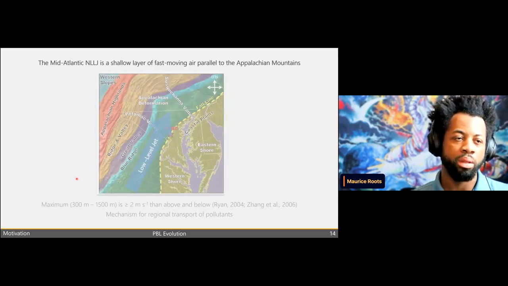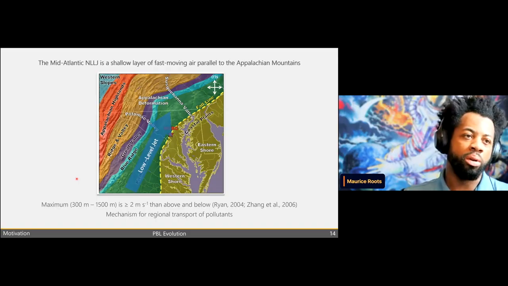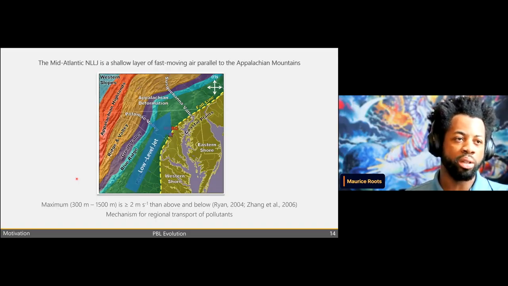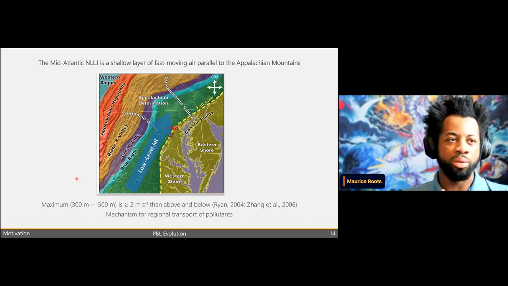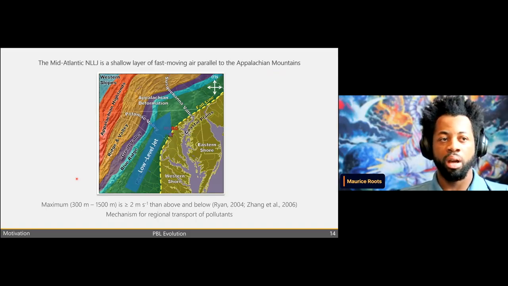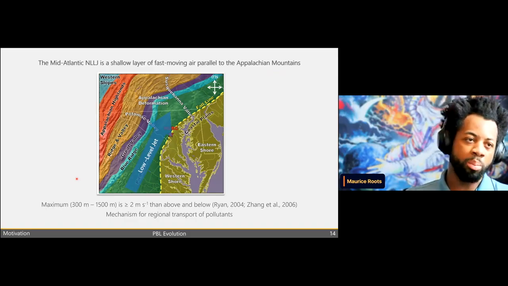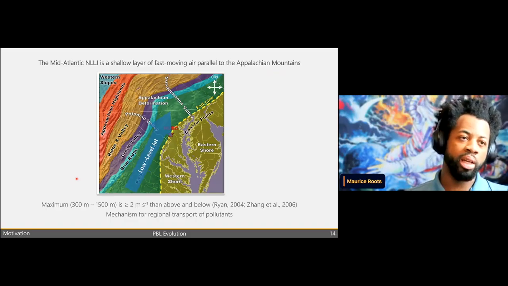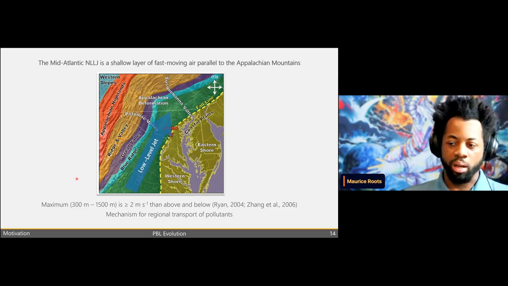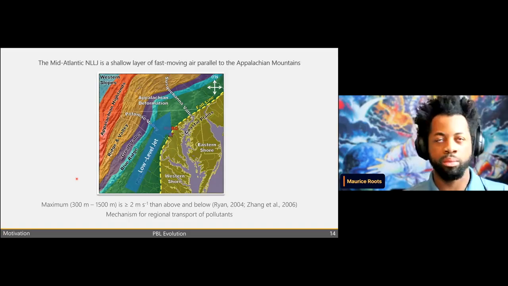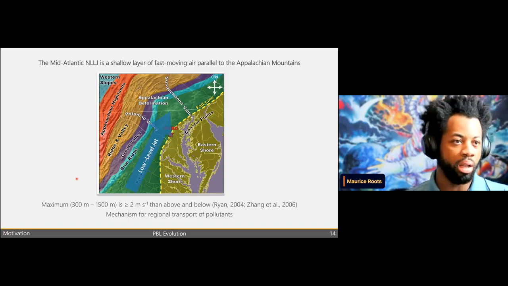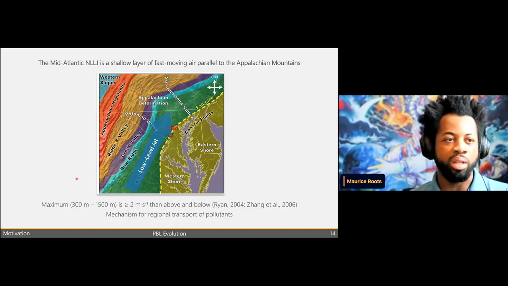So to orient you on the geographic situation, for the Mid-Atlantic region, this is a snapshot here. We have the Appalachian Mountains and increasing elevation towards the west, and then we have this Piedmont Plateau region in the green, and then a very flat coastal environment in the yellow that has a steep drop as well.